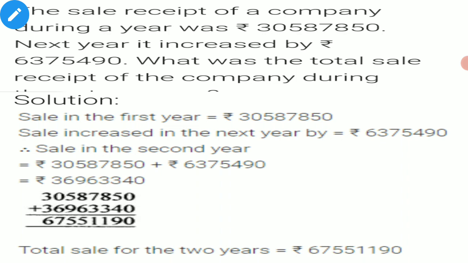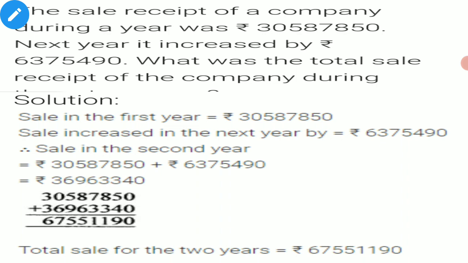The sale of the second year will be 3,5,87,850 plus 63,75,490. This way we have calculated the second year sale receipt. Now we have to calculate the sale receipt of these 2 years.